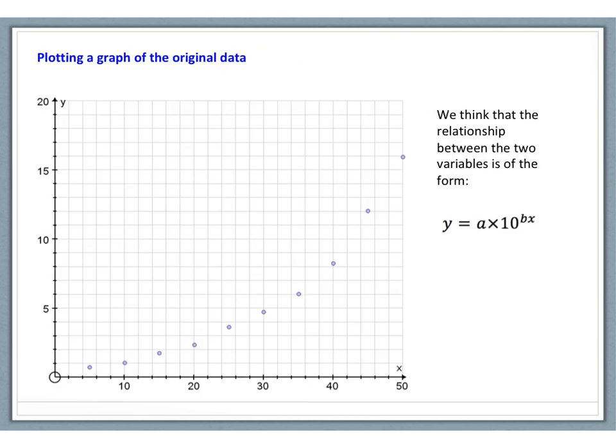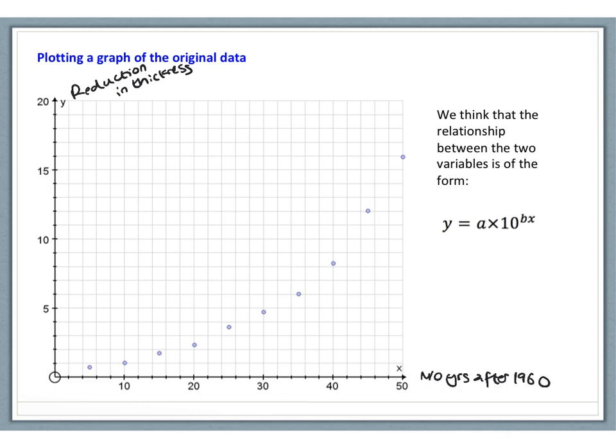Now, the first thing that we're going to do is have a look at a plot of the original data. Now, y, if you remember on this particular example, represents the reduction in thickness, and the x variable represents the number of years after 1960.